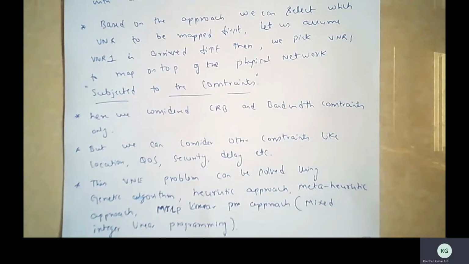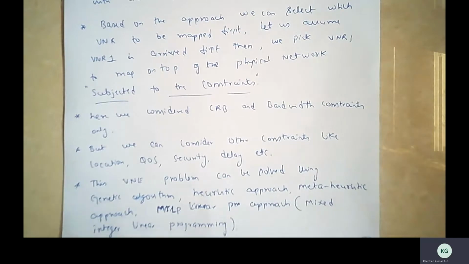Once that is done, I will go for the second request, VNR2. Otherwise, I will calculate the revenue for the VNRs. When 2 requests arrive, I calculate the revenue for both, pick the least revenue VNR, and map that first. Then I will pick the next least revenue request for mapping. So the approach varies from person to person and approach to approach.